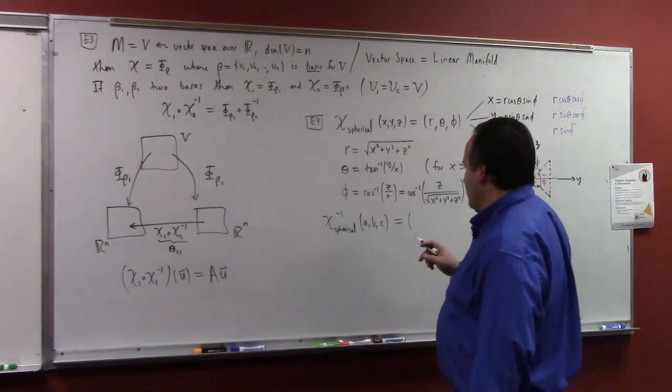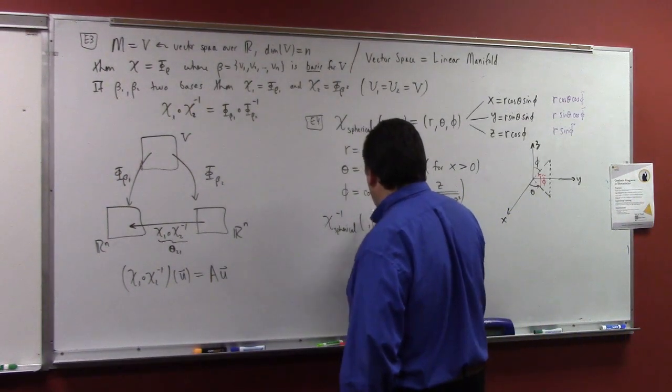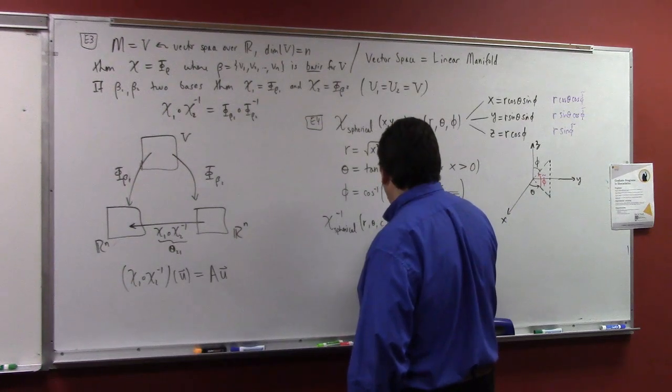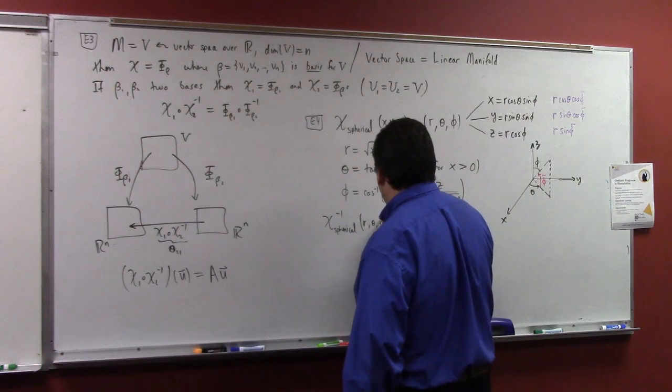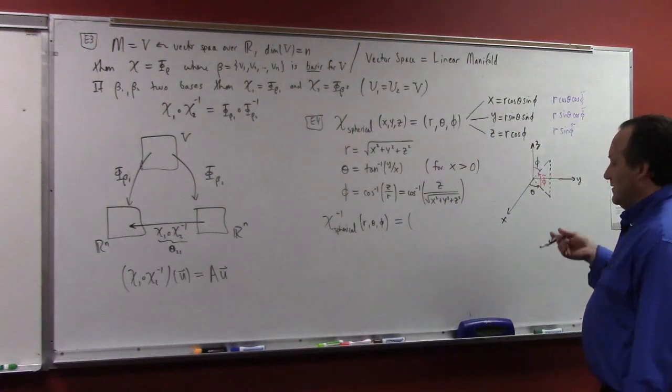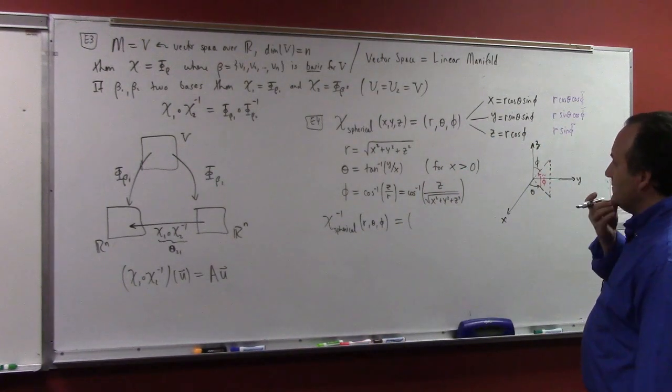You're right. I should probably just put r theta. See, this is the danger, is we use the symbols both as a point and as a mapping. And then I get confused at times.